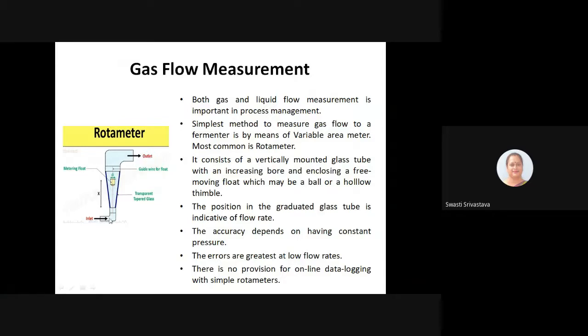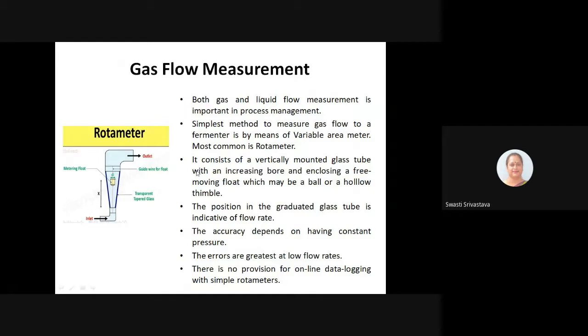Whenever there is a continuous flow, the float keeps on moving. The tapered glass is a graduated glass tube, and the position of the float on it gives you the indication of the flow rate.